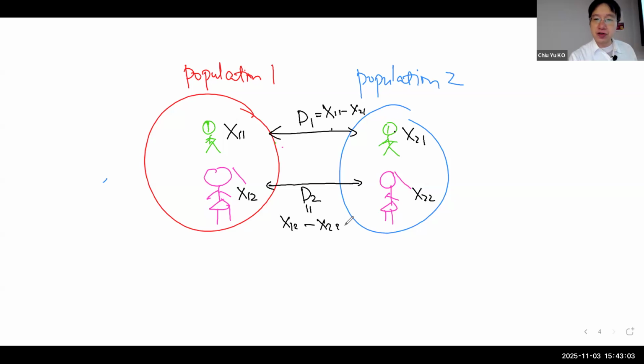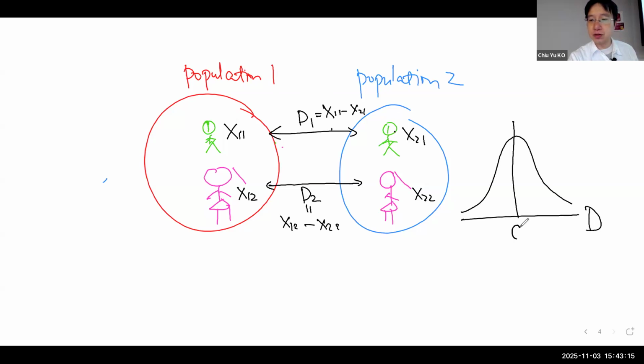And if we assume the difference follows the bell curve, with mean 0 and variance sigma squared over n, this is simply a one sample test. The difference is a bell curve with mean 0, and you want to test it.